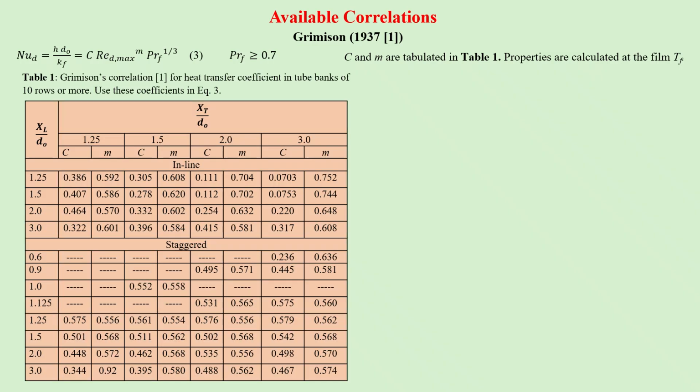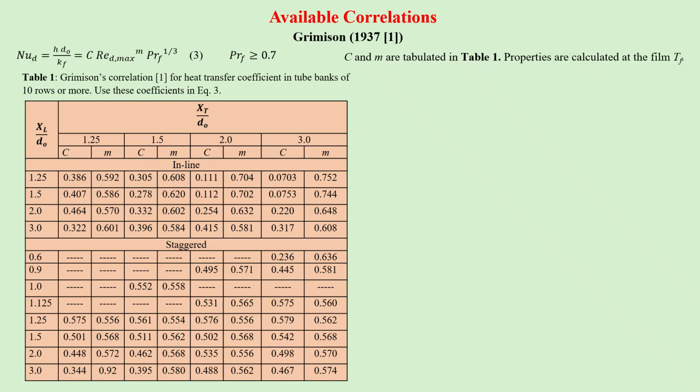Here we have the main parameters XL divided by D naught and XT divided by D naught. And here we have a range of these values which can produce different values for C and m as shown in this table. These values depend on, of course, the arrangement of the tubes, inline or staggered.